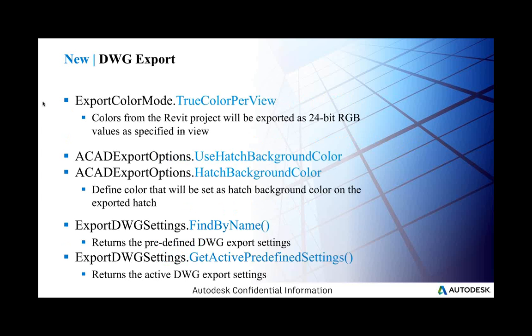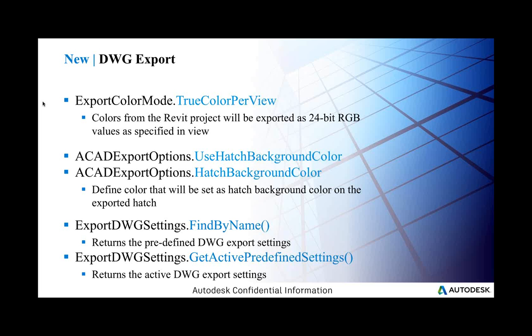Similarly, for drawing export, we have access to specify the colors, and by setting the true color per view, the colors from the Revit project will be exported as 24-bit RGB values.